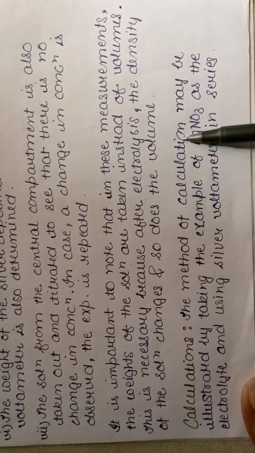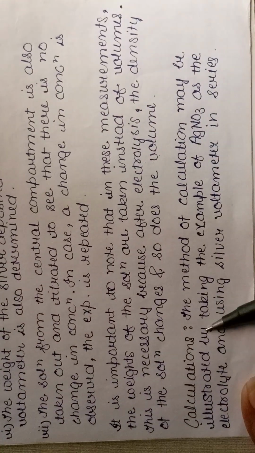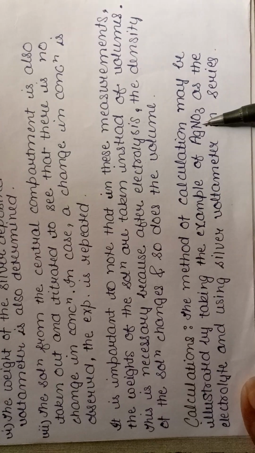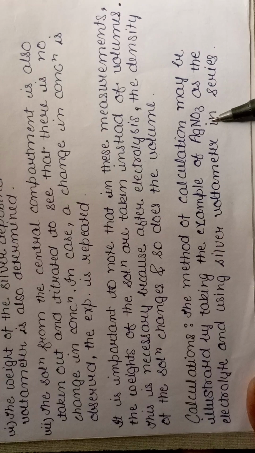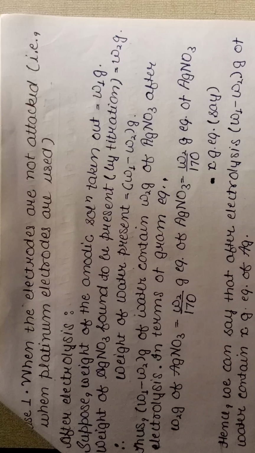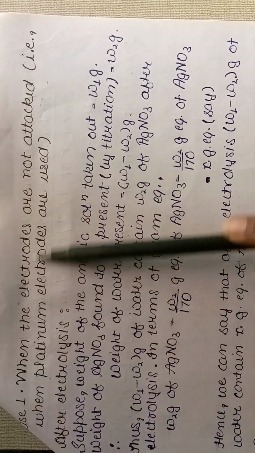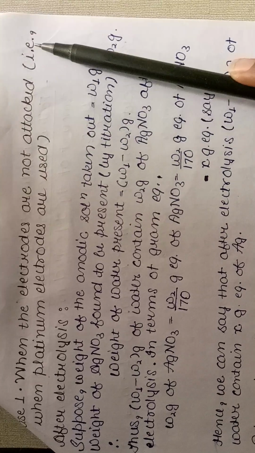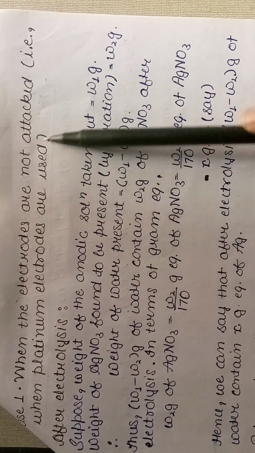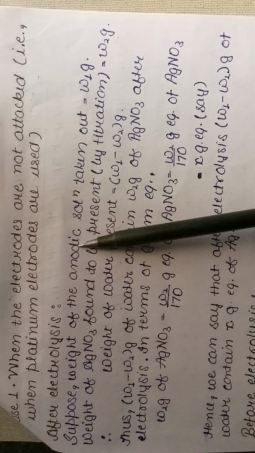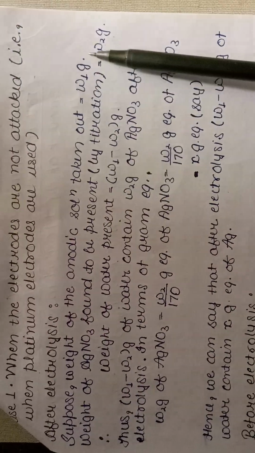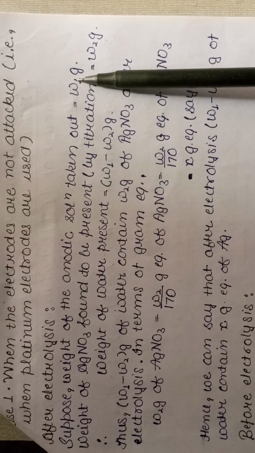The method of calculation may be illustrated by taking the example of AgNO3 as the electrolyte and using a silver voltmeter in series. So case 1 is when the electrodes are not attacked, for example, when platinum electrodes are used. After electrolysis, suppose the weight of the anodic solution taken out is W1 gram.